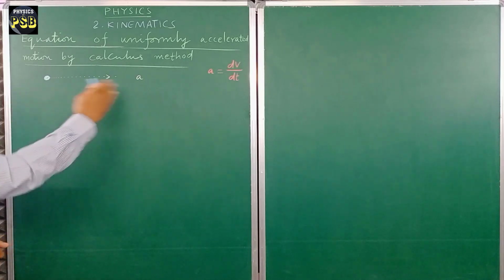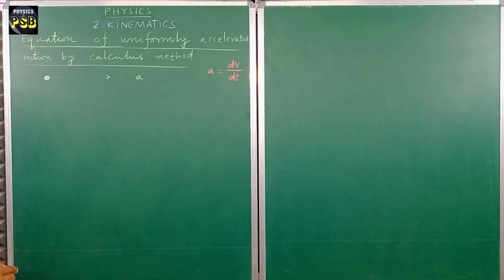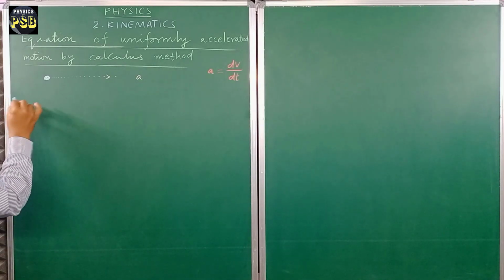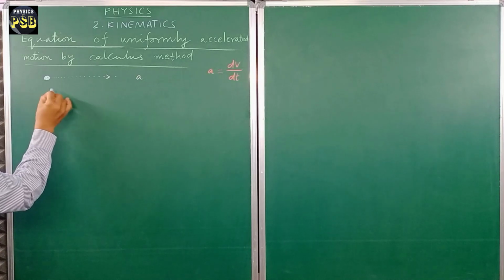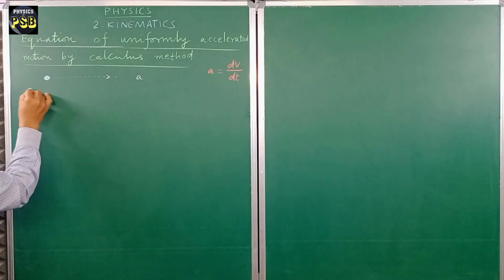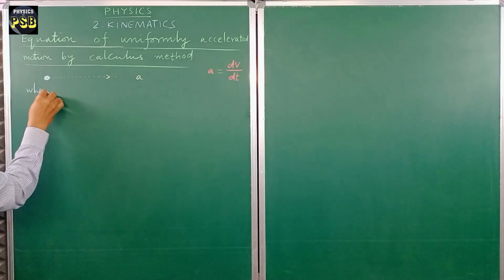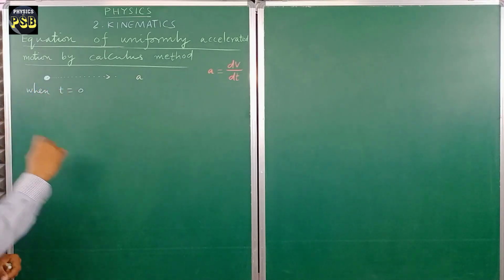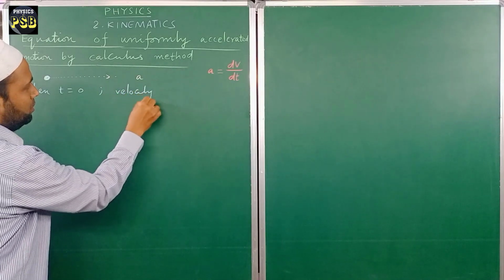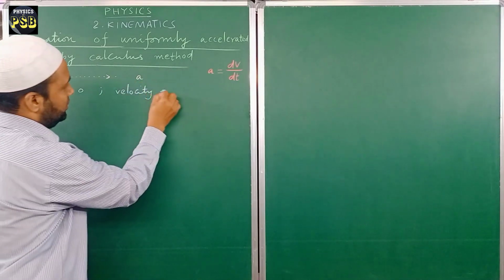So when the object is moving with uniform acceleration, at time t equal to 0, the velocity is taken as u, the initial velocity.